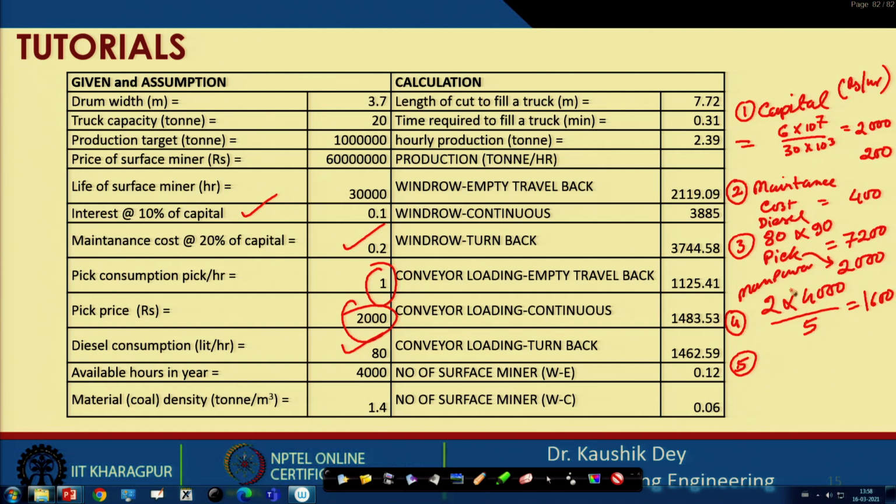So, this is peak consumption, this is manpower, and then we are having a subtotal. So, let us add it.